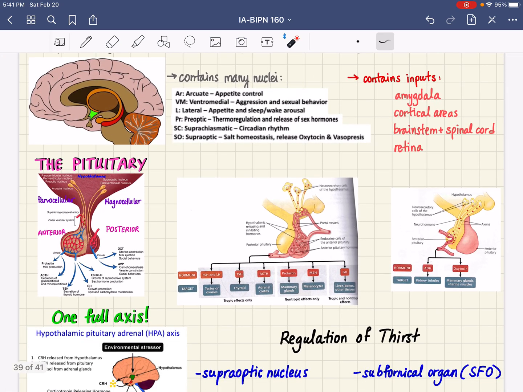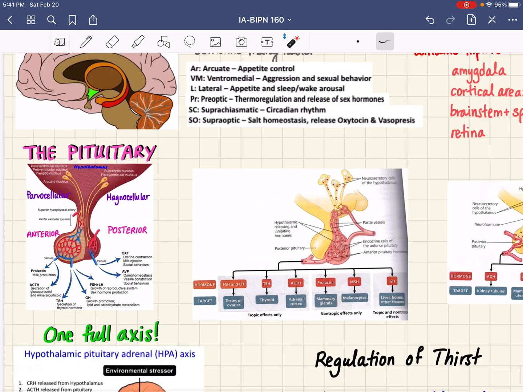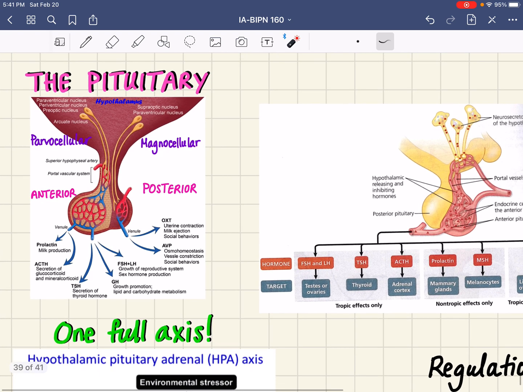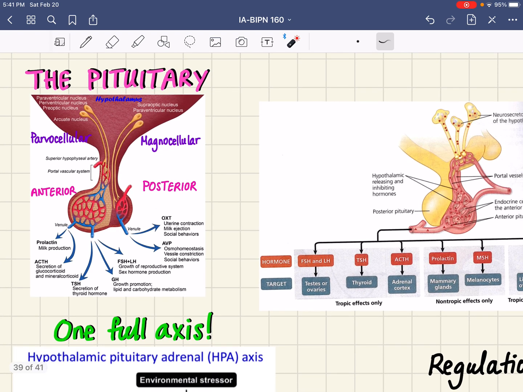Then we went on to talk about the pituitary gland. So here's an overview of the pituitary. I took this picture from online because the one from the book might have been a little provocative, so we'll just go ahead and look at this one instead. There's more information on here than you need to know for this class, but I went ahead and wrote out that this part right here is the anterior side, and this part right here is the posterior side.